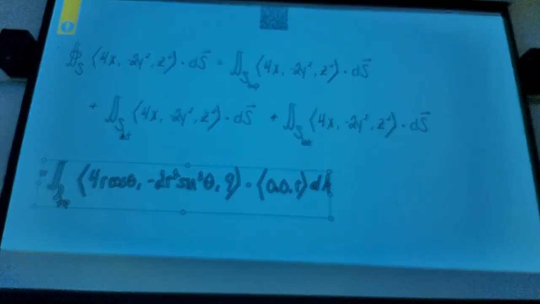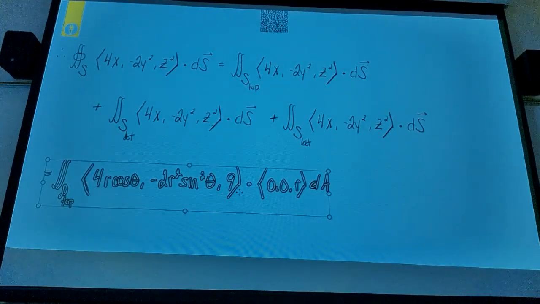Let me move that up to give myself some more space.